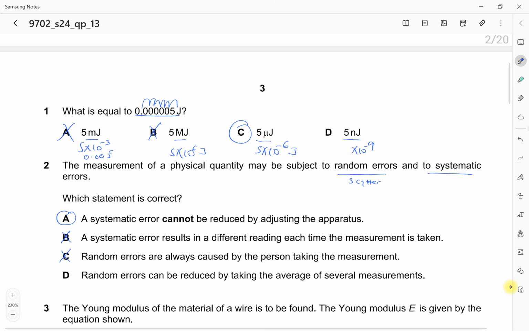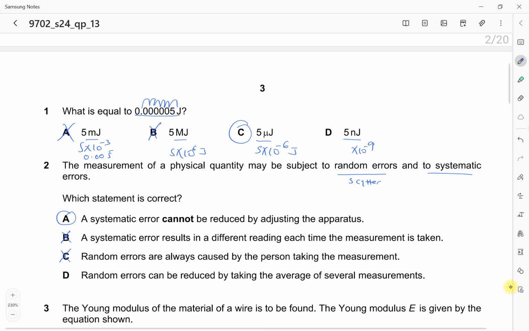So the question is, which statement is correct? The random errors can be reduced by taking the average of measurements. Random errors are always caused by a person taking the measurements. Systematic errors result in a different reading each time the measurement is taken.